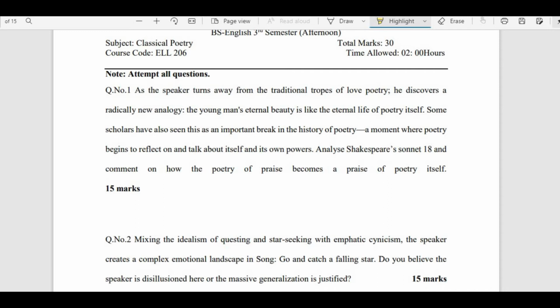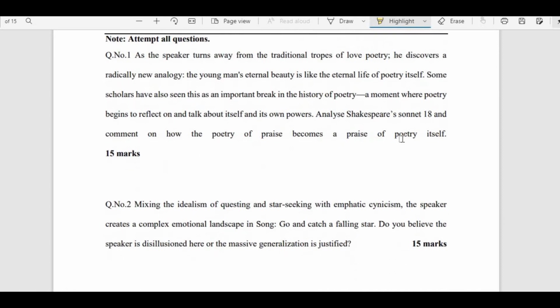Some scholars have also seen this as an important break in the history of poetry, a moment where poetry begins to reflect on and talk about itself and its own parts. You have to analyze Shakespeare's Sonnet 18 and comment on how the poetry of praise becomes the praise of poetry itself. This is a very important question, and the complete analysis of Sonnet 18 is available in a video on my channel.